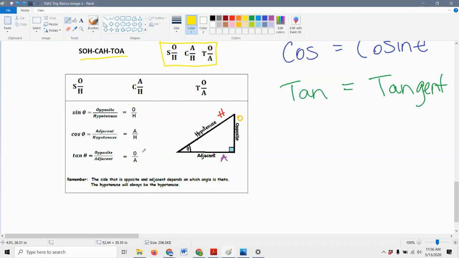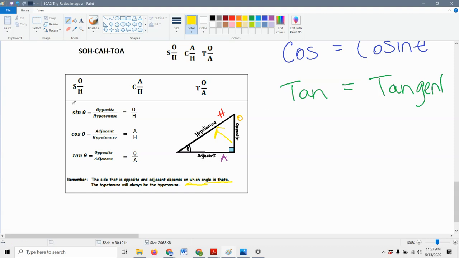So just become very familiar with this table, with these relationships. And remember that the side that is opposite and adjacent depends on which angle is theta. The hypotenuse will always be the hypotenuse because that's always that long diagonal opposite the 90-degree angle.